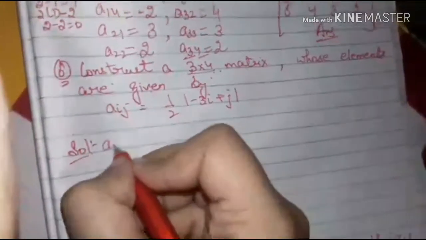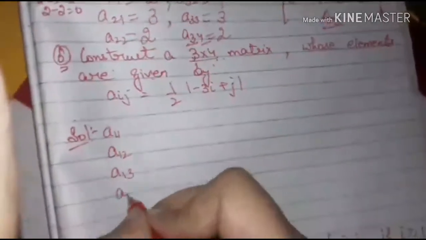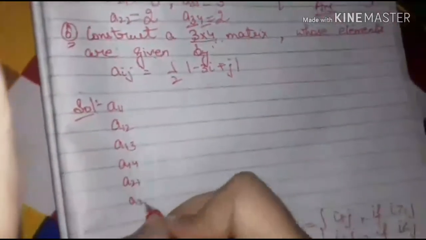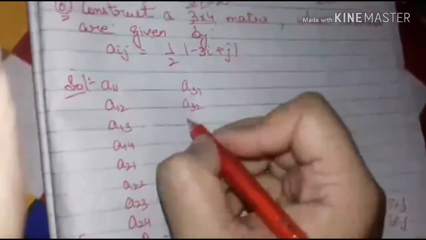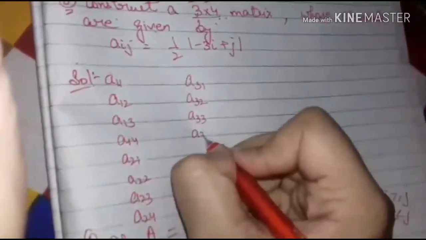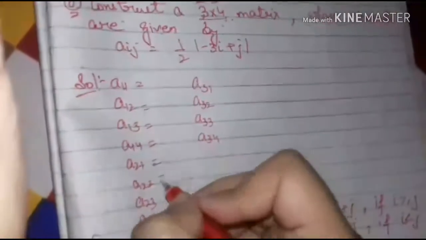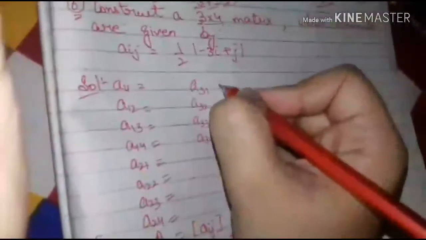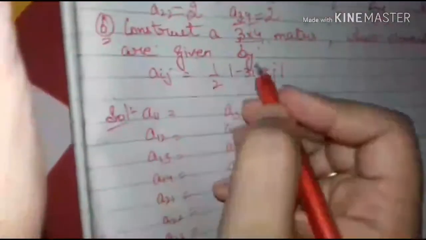So let's write A11, A12, A13, A14, A21, A22, A23, A24, A31, A32, A33, A34. Now let's solve this equation.